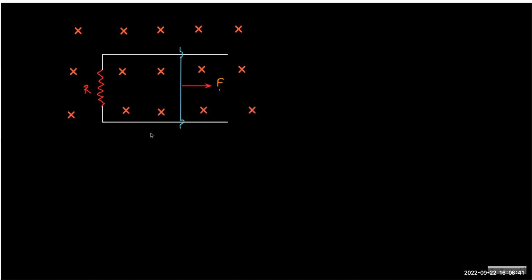Yes. And if I keep on getting energy, what will happen? Let's say the rod is getting energy at some rate, maybe 100 joule per second, then some of the energy will be dissipated by the resistor. Let's say the resistor is dissipating at 60 joule per second.